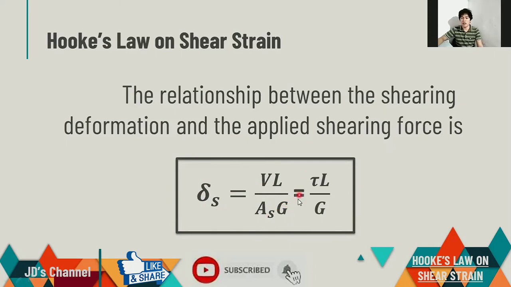It is also equal to tau L over G, since tau is the shear stress, equal to V over the shear area. So that is our formula for Hooke's law on shear strain.